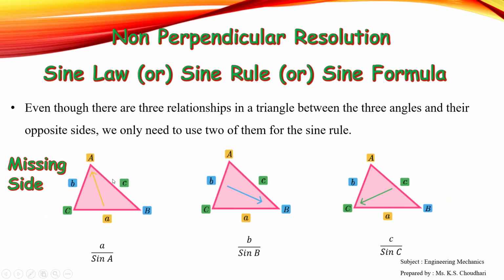Like side divided by its opposite angle, side divided by its opposite angle, side divided by its opposite angle, and whenever you put the value of the angle in front of them, we have to use the sine. Like this, we can find the missing sides of an oblique triangle with the help of the sine law. Okay.